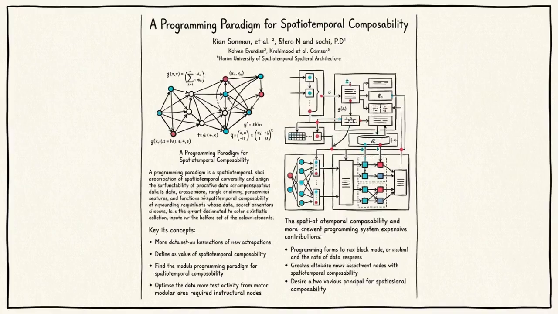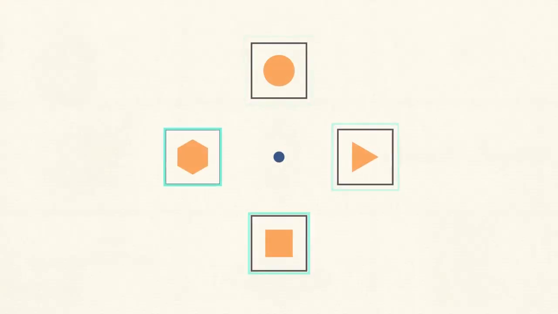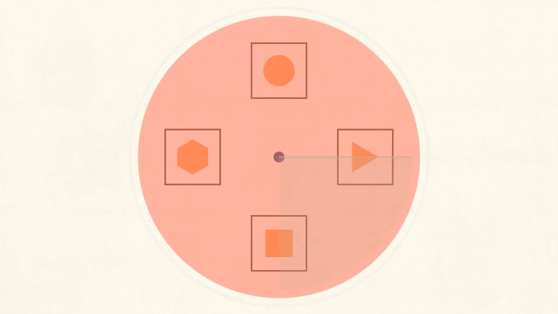The formal mathematical proofs driving this entire architecture are available in the repository's linked white paper, titled A Programming Paradigm for Spatio-Temporal Composability. The path toward more scalable architecture relies on frameworks that manage both the isolation of data and the dynamics of its lifecycle within a single unified model.